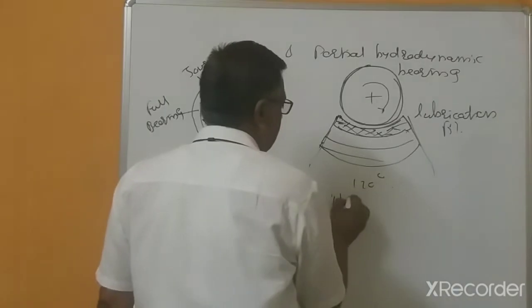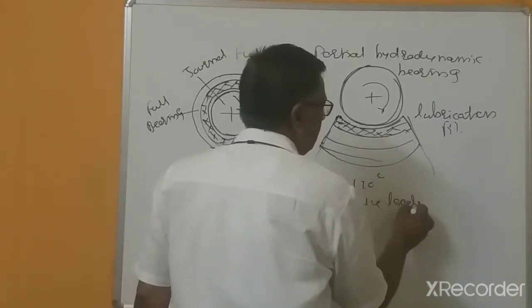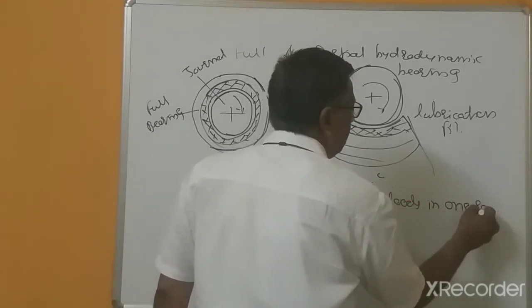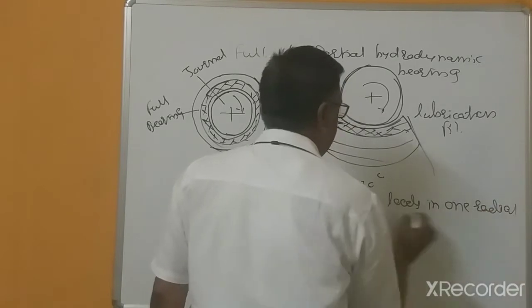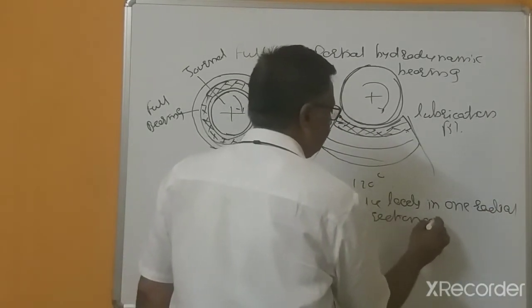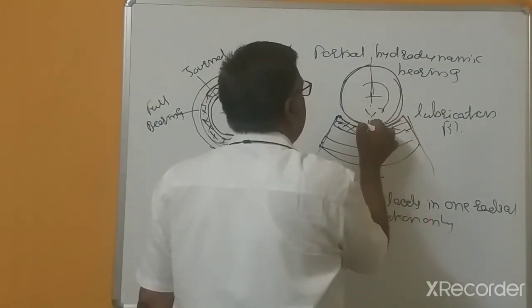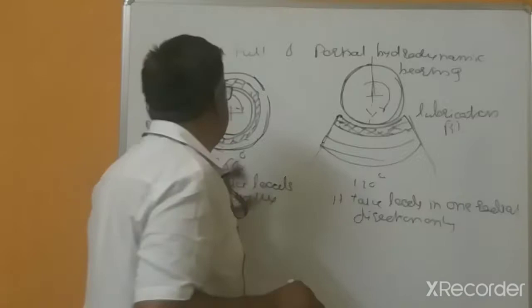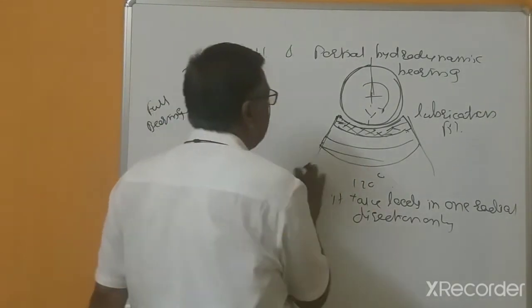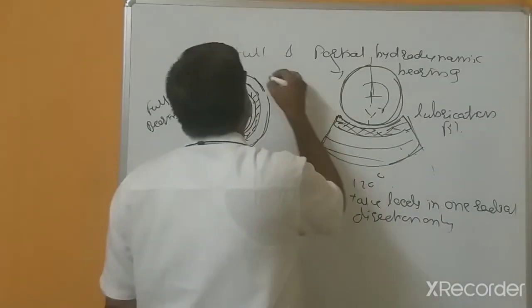So it takes load in one radial direction only. This bearing is the partial bearing and this is the full bearing.